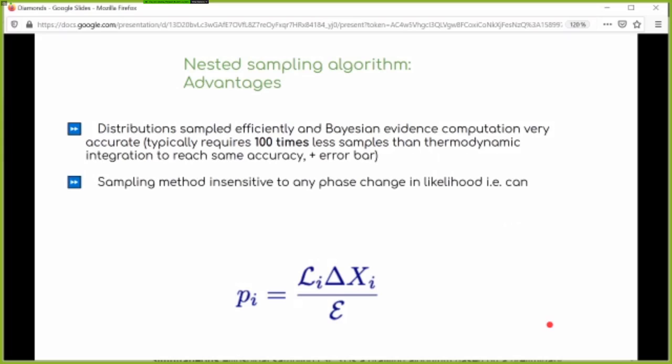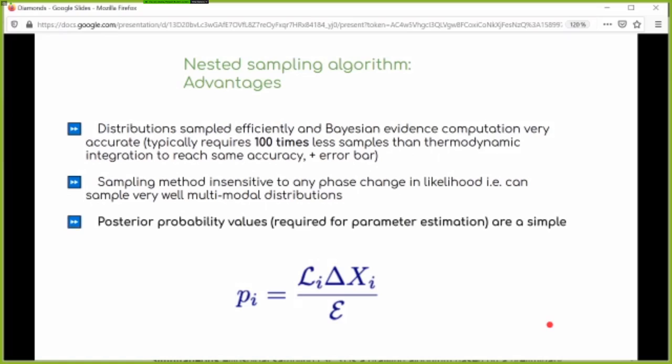The sampling method is insensitive to any phase change in the likelihood, like it is in thermodynamic integration. And it can sample multimodal distributions very well, so distributions with a lot of maxima. And the posterior probability values required for parameter estimation are a simple byproduct, as shown in this equation.